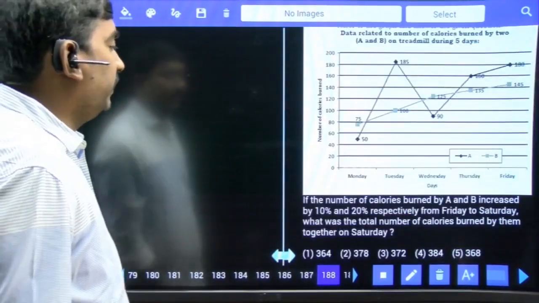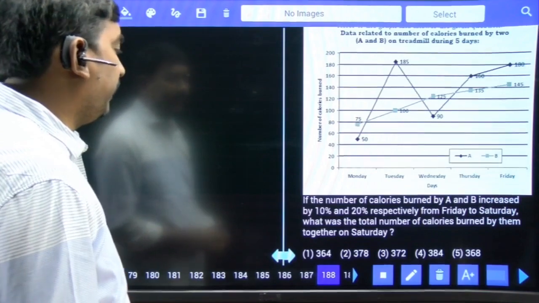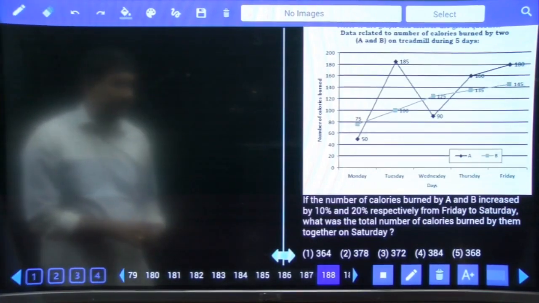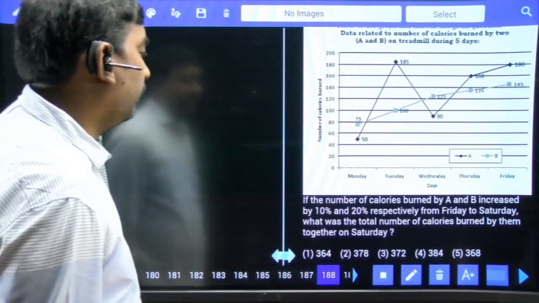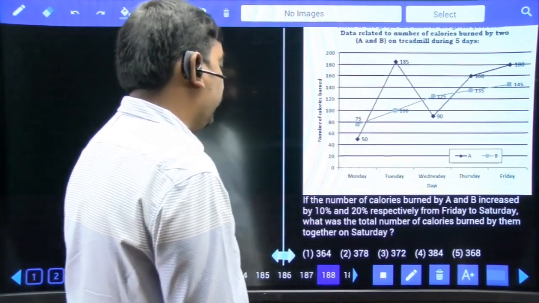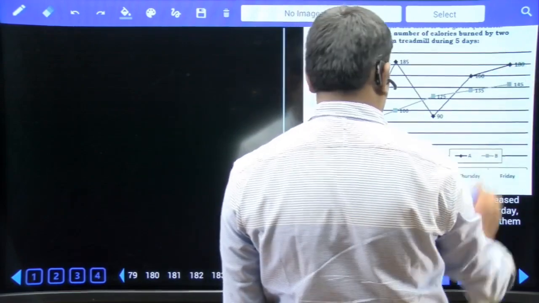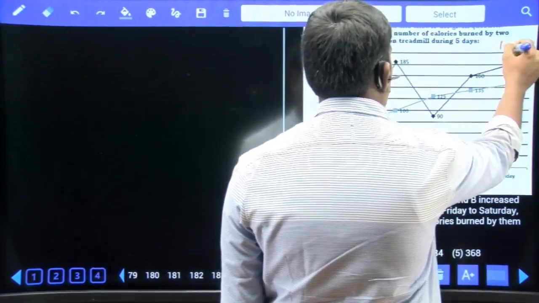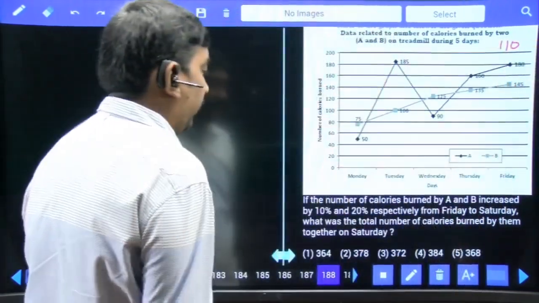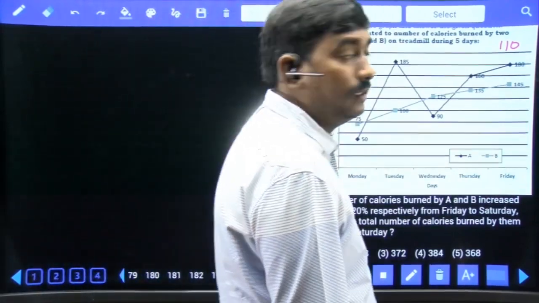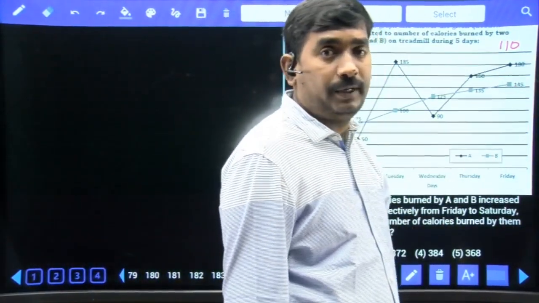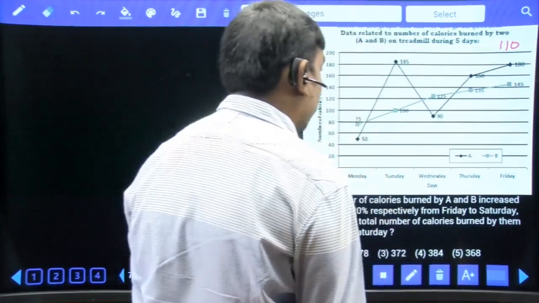If the number of calories burned by A and B increased by 10%, 20% from Friday to Saturday, what was the number of calories burned by them together on Saturday? A 100 increased by 10% means 110. B 145 increased by 20% means in 145 10% 14.5, 20% 29.